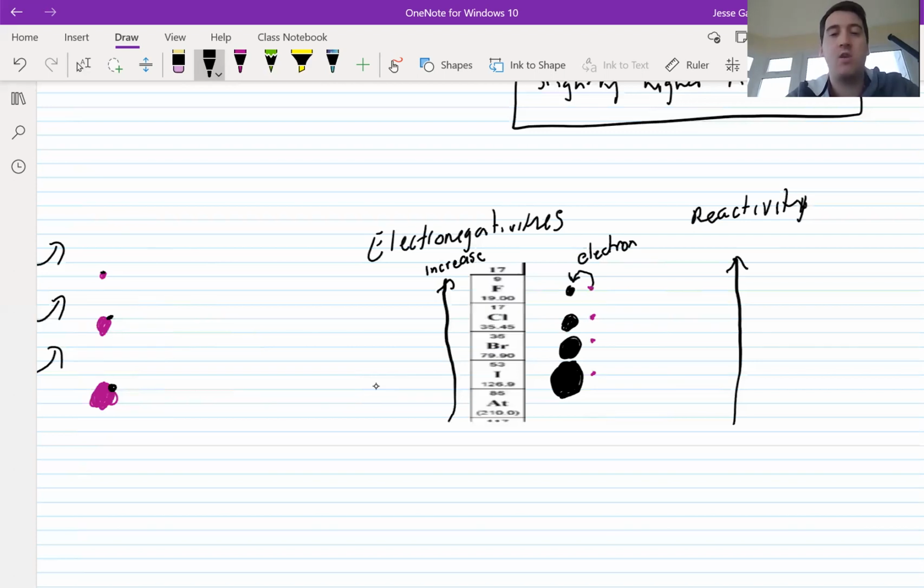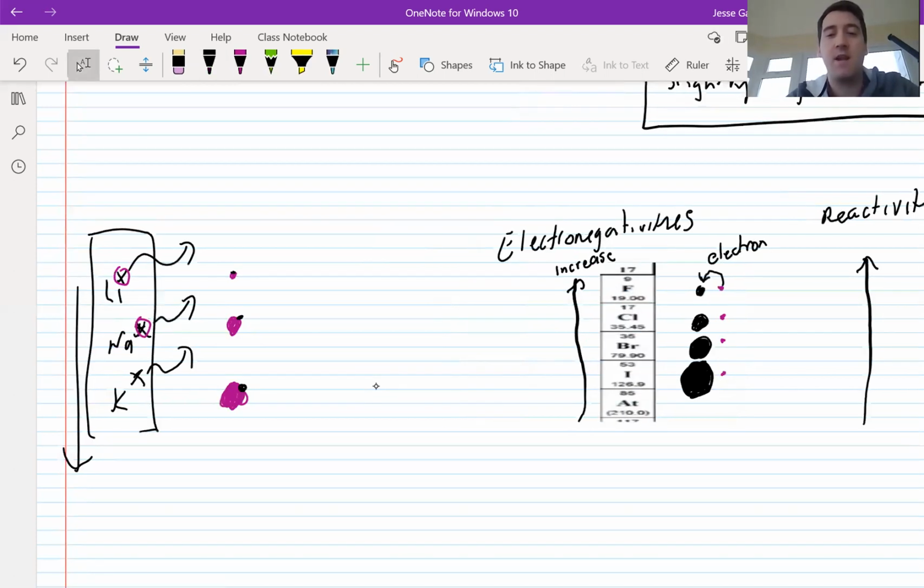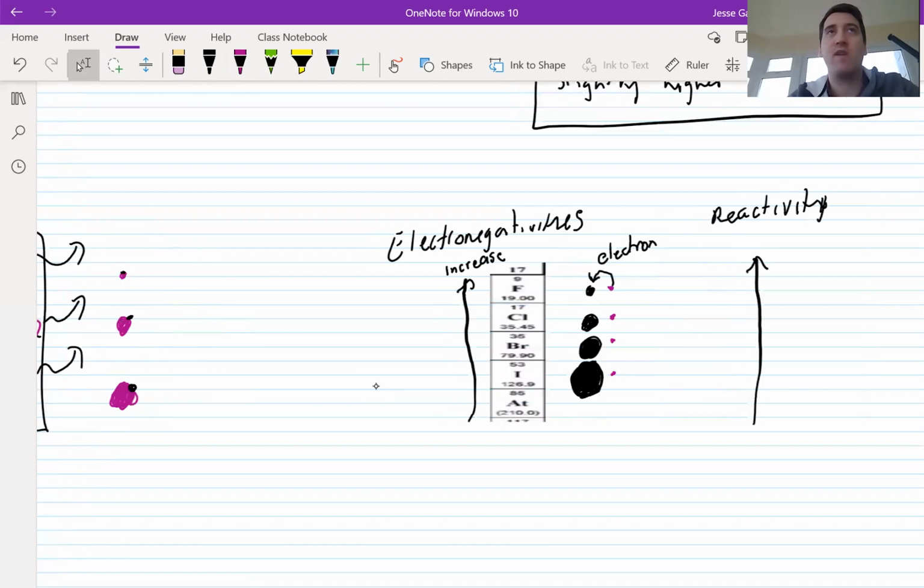So for group 7, notice this is the opposite of the alkali metals. Alkali metals got more reactive as we went down the group and the atoms got bigger. It became easier for them to lose electrons. For the halogens, they get more reactive up the group because they have to take electrons. And smaller atoms with fewer shells can get their nucleus closer to another atom to take an electron off it.